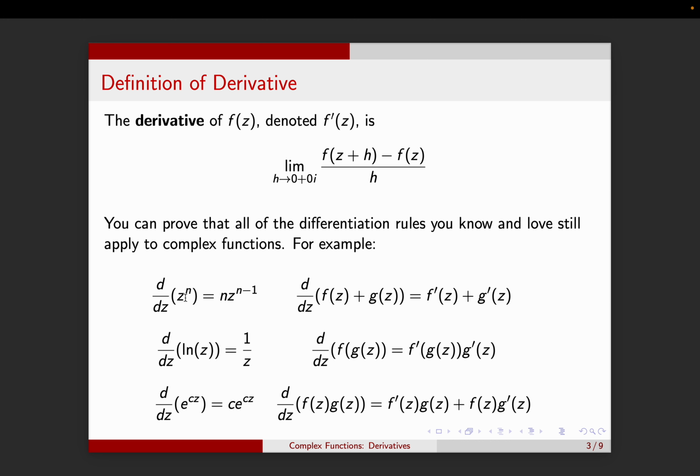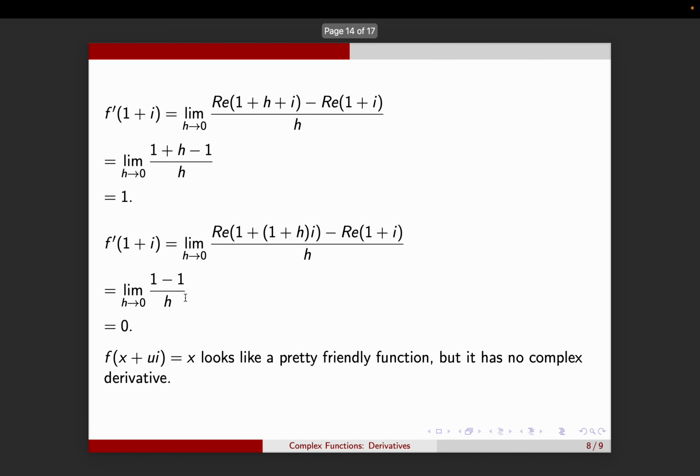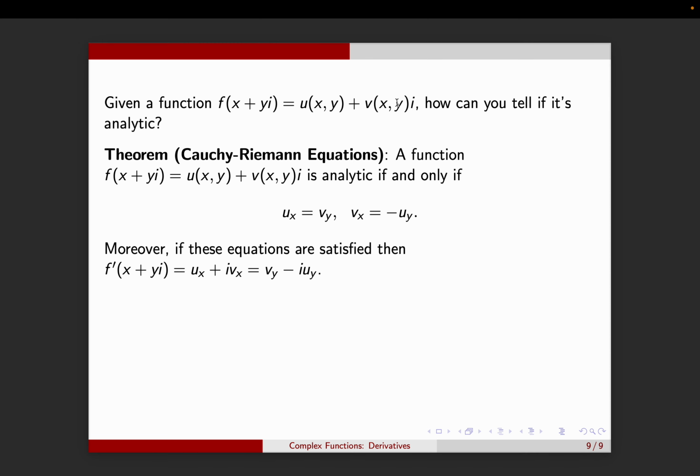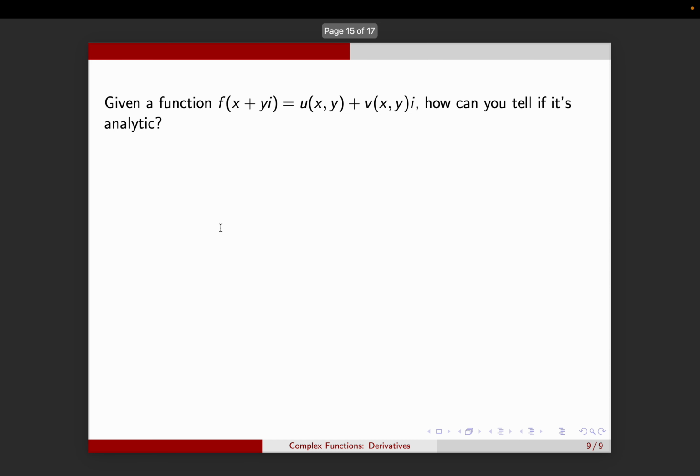But these functions like this, notice, are not written in standard form as a real thing plus an imaginary thing. Like this function here is written in the standard form. x plus 0i is how you would read this. So this function f has a real part x and an imaginary part 0.